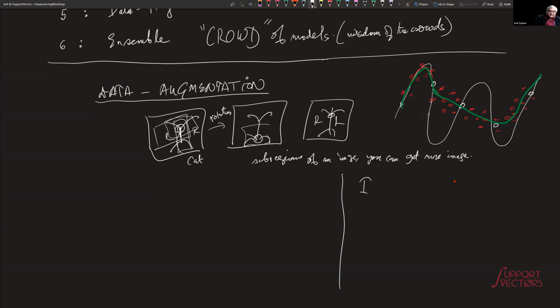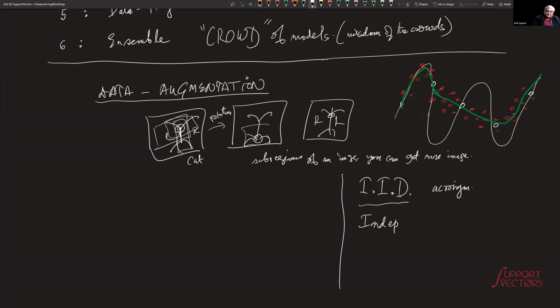People often use this word IID. In this literature, you will often find this word or this sort of, not word, what do we call this? This keyword or this acronym, IID. What does it mean? It stands for quite a mouthful.